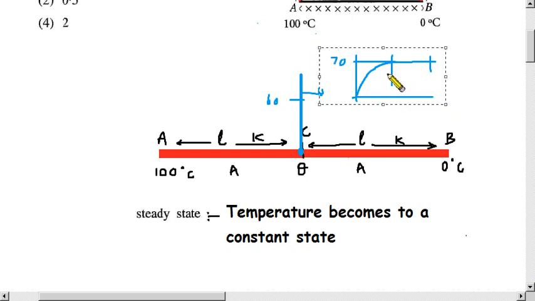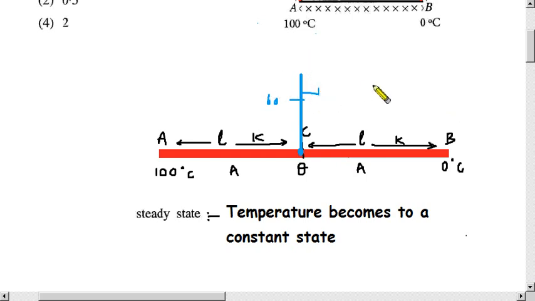So why does that happen? What is the reason the temperature does not change? Still we are heating this side. To keep this temperature at 100, we have to heat up this side using a flame or some source.